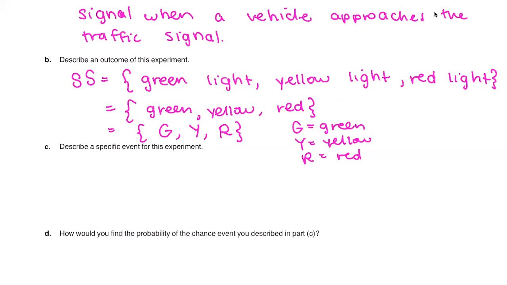Now for part C, describe a specific event for this experiment. Well, an event is something that could happen in your experiment. And I want to record when I don't get red.